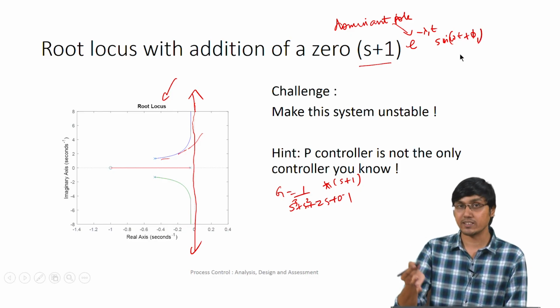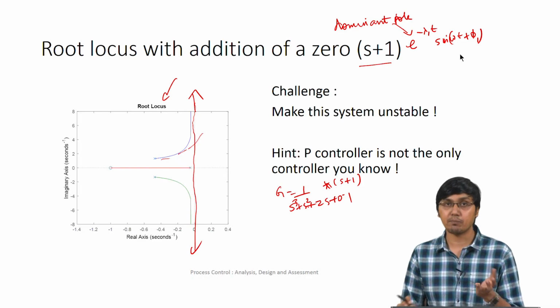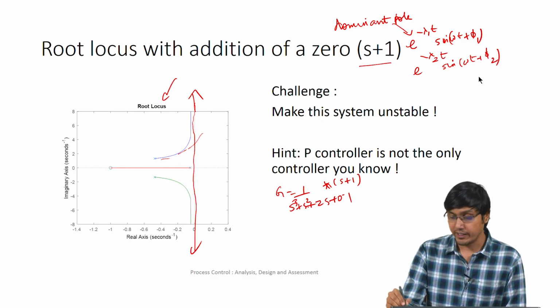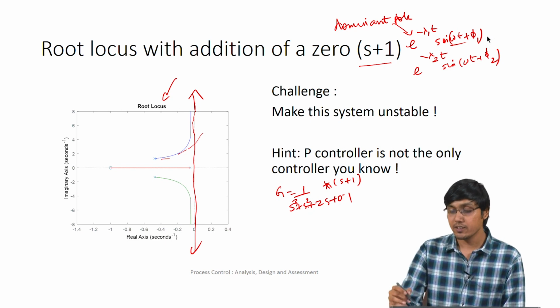This was the response of the first pole. I am assuming you took the partial fraction and then the inverse Laplace transform, simplified everything and got this particular thing. And for the other pole you are going to have e power minus lambda 2 t sin(omega t plus phi 2). Since we have sin, it is like complex poles.